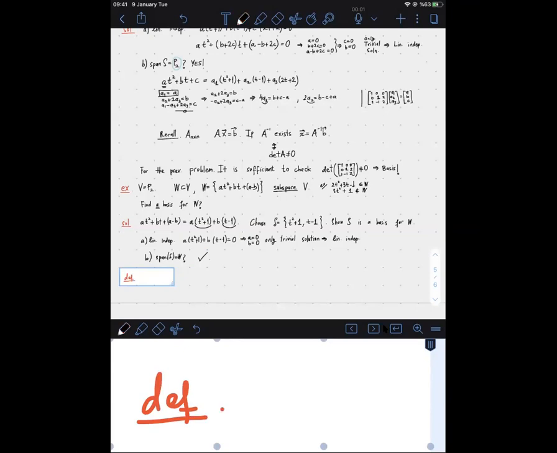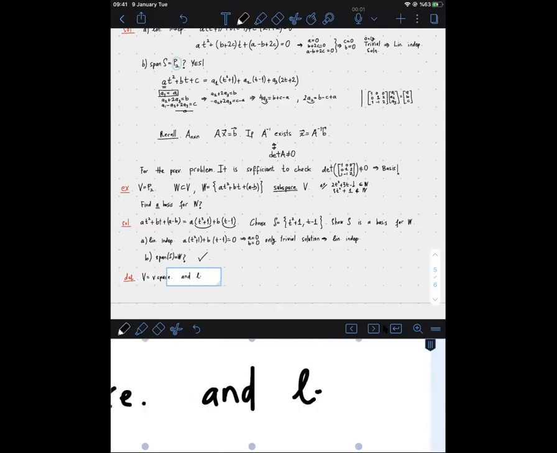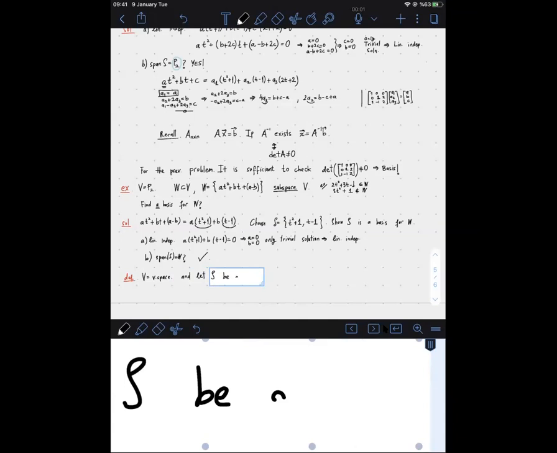So let V be a vector space, and let S be a basis of V.